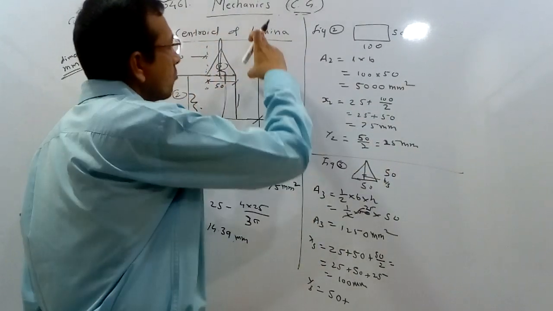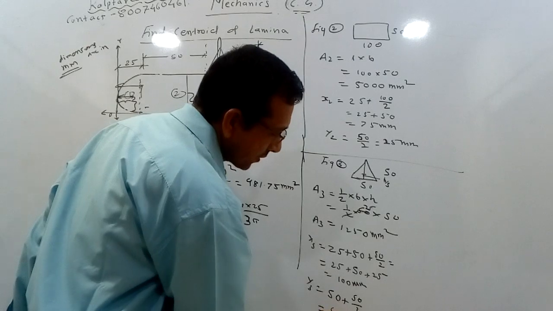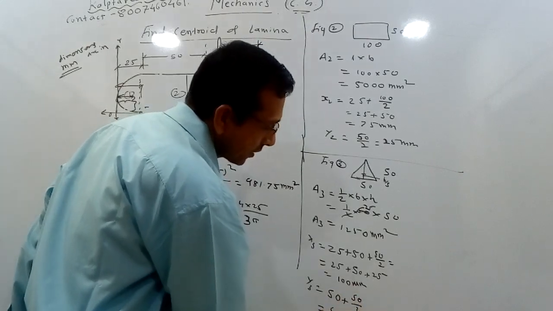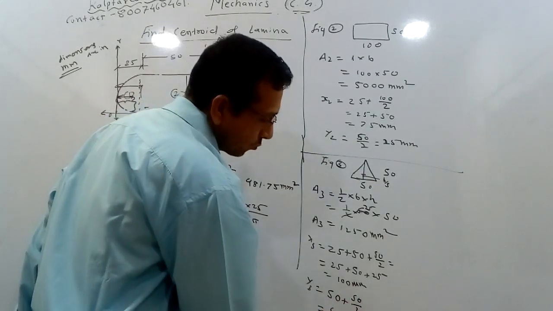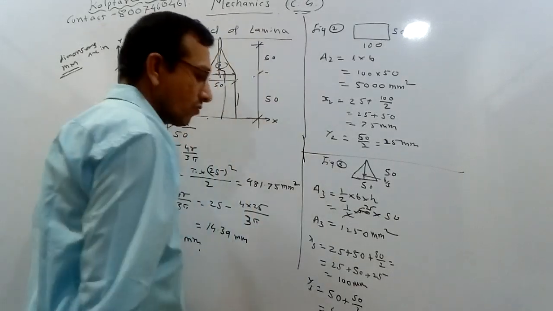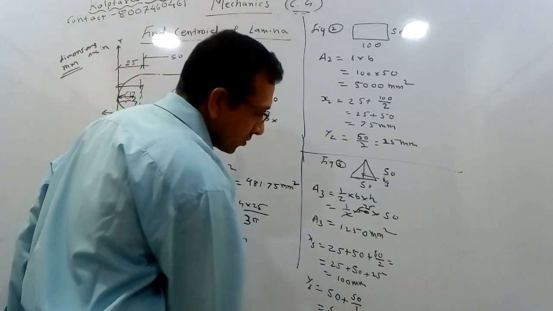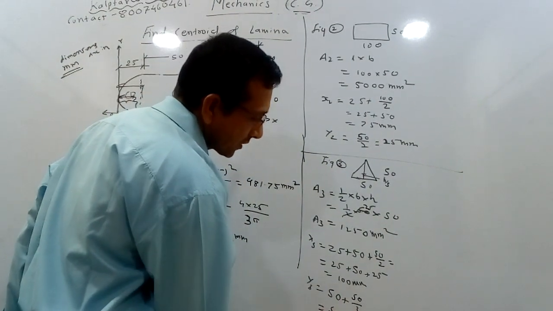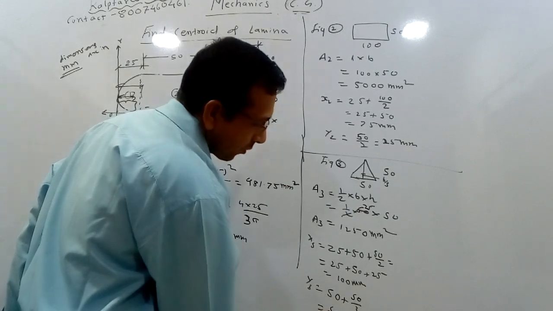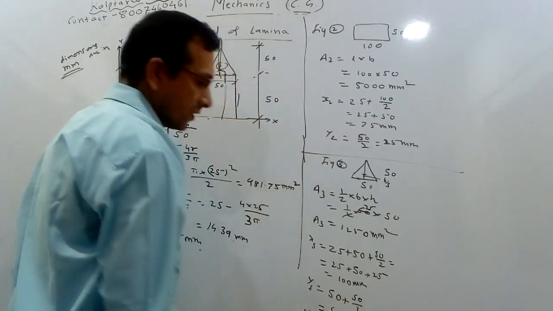So I have to find how much is the height, 50 upon 3, which is 16.67. So it is 50 plus 16.67, that is 66.67 millimeter. Understood? This is my y3.